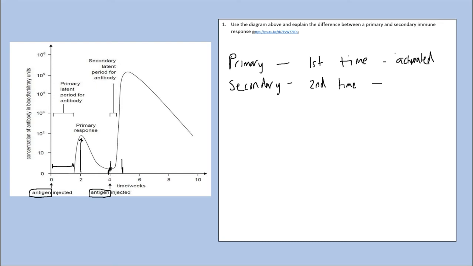But this time there's no real activation because the memory cells are already there. They've already gone through the checks and balances. There's no need to go through all of that process. They have the memory cells and they have the receptors. They know that they're self-tolerant and immunocompetent.